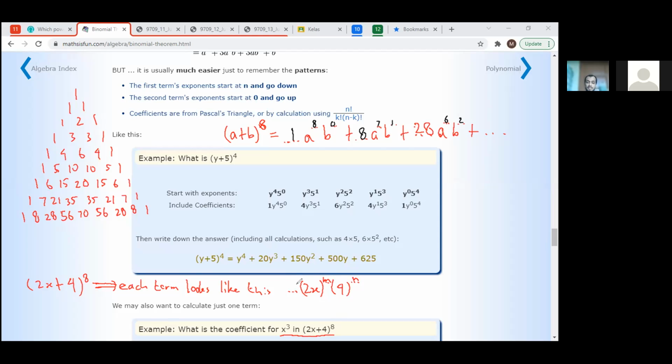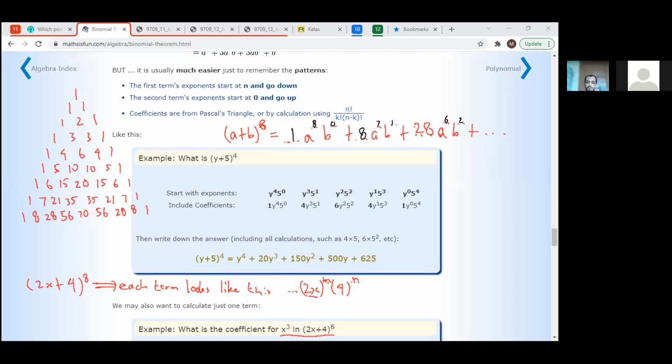And then how about the coefficient? We can find the coefficient later, after we find the power. So first let's find out what the power is. We want the coefficient of x cubed. Notice that the only one that will contribute to the power of x is this one.